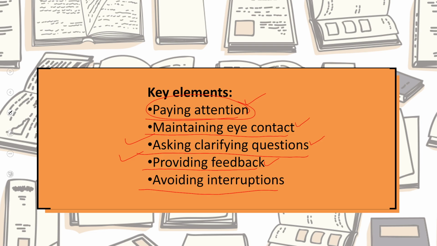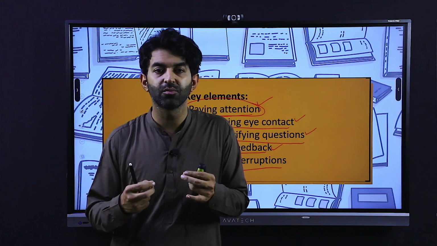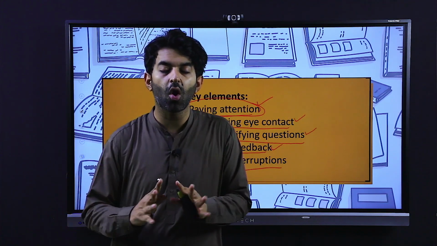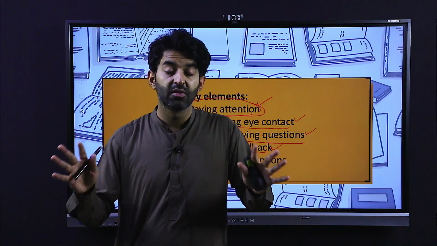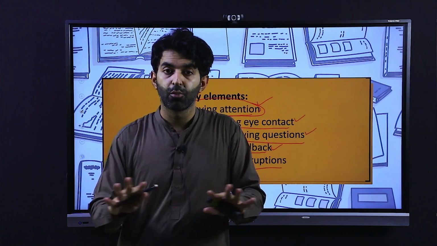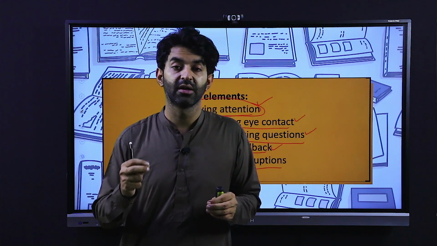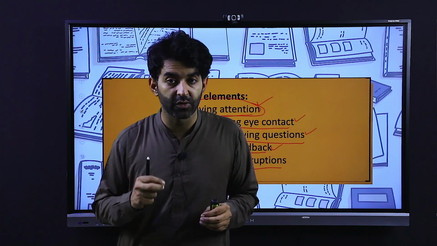And then we have to avoid interruptions. Interruptions of your devices, whether you are making a noise, chewing on something, or banging the table. All of these interruptions need to be put away, because they are a barrier in our understanding and in our listening process.